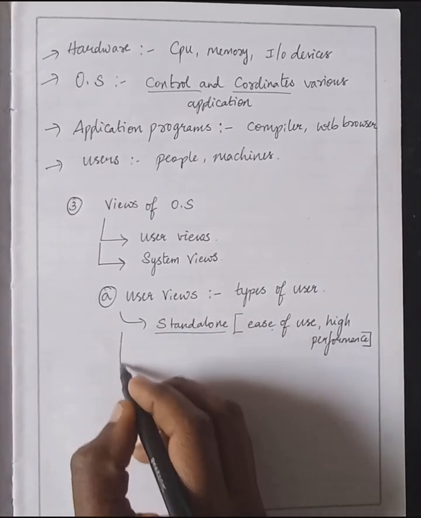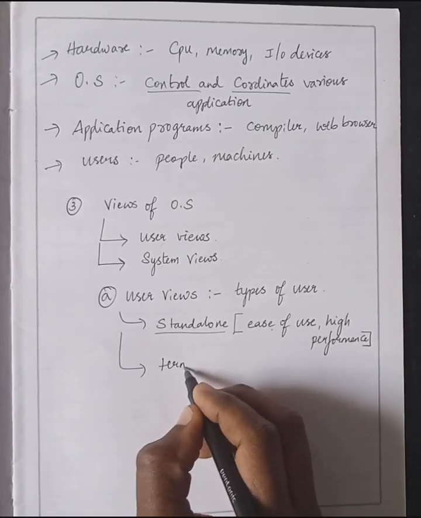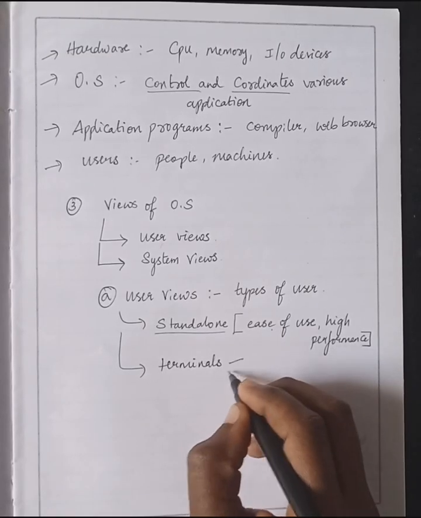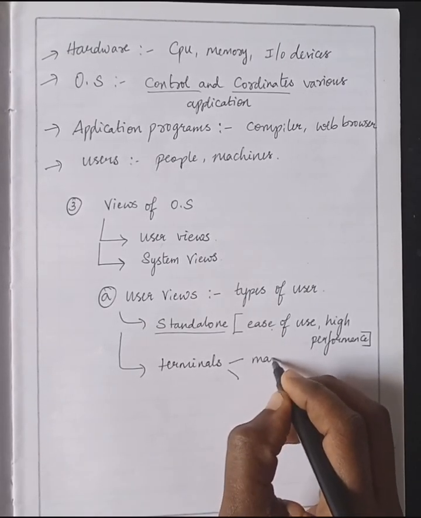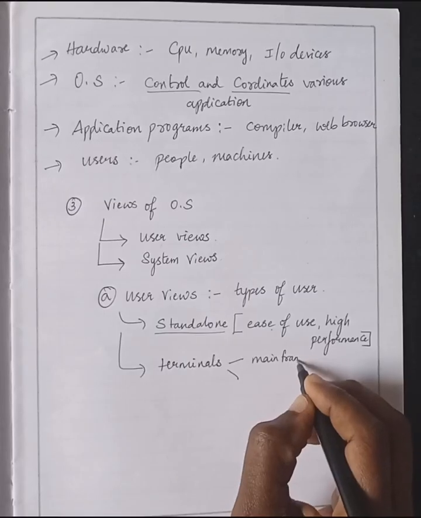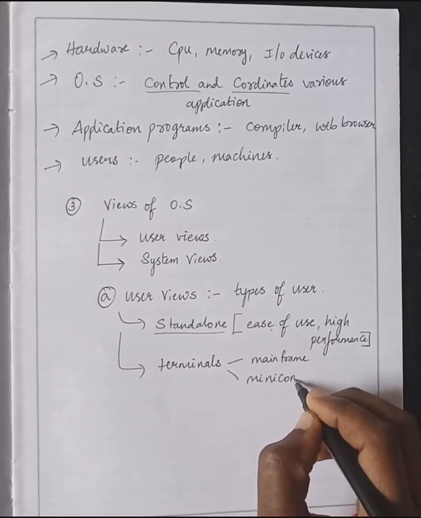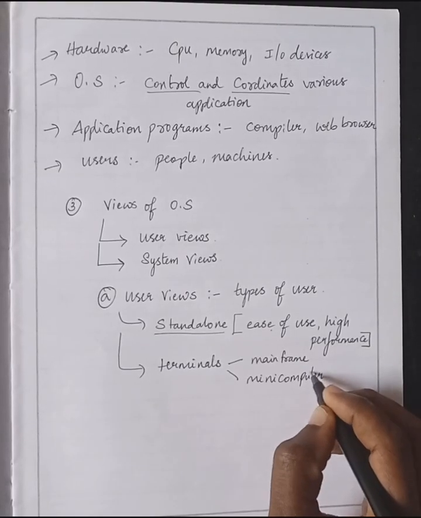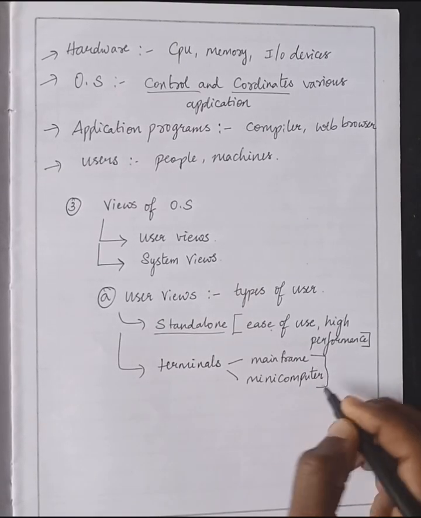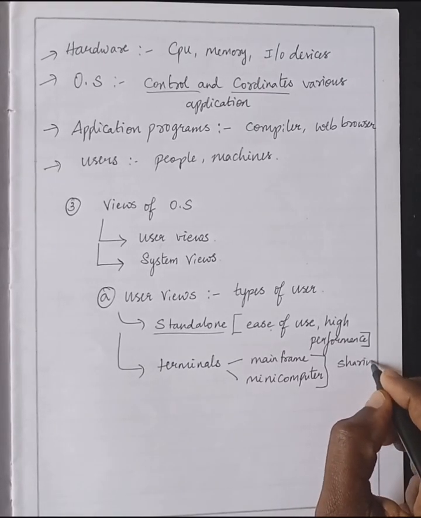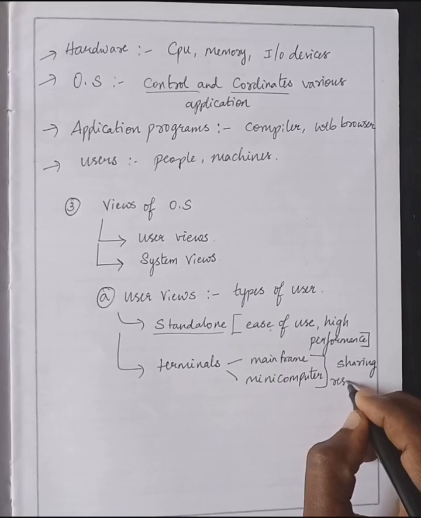Second one is terminal. If the user is on a terminal system, it can be connected to mainframes or to minicomputers. Whenever it's a mainframe or minicomputer, we expect the OS to take care of sharing information and sharing resources.